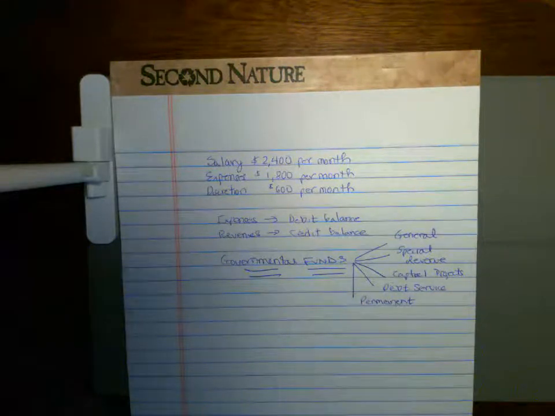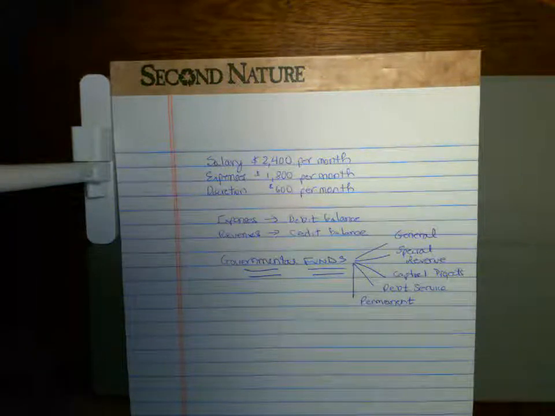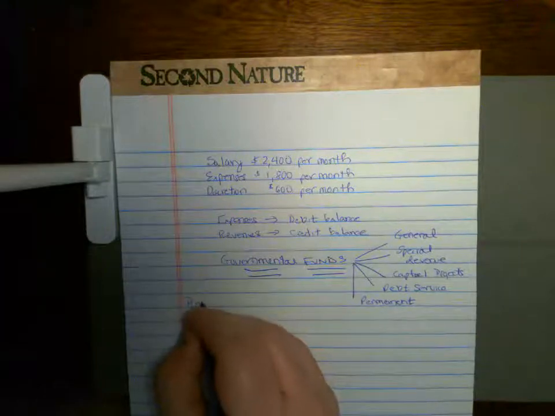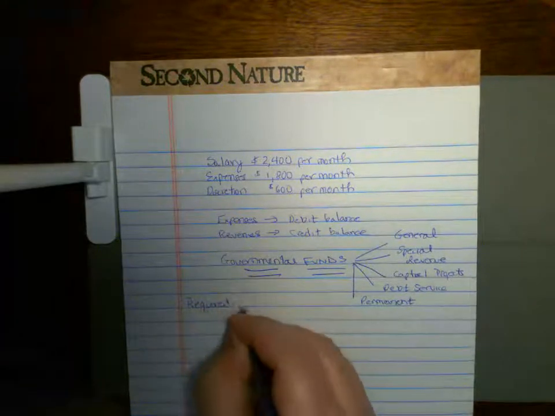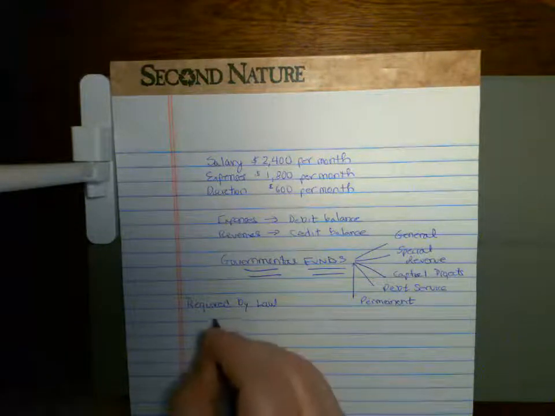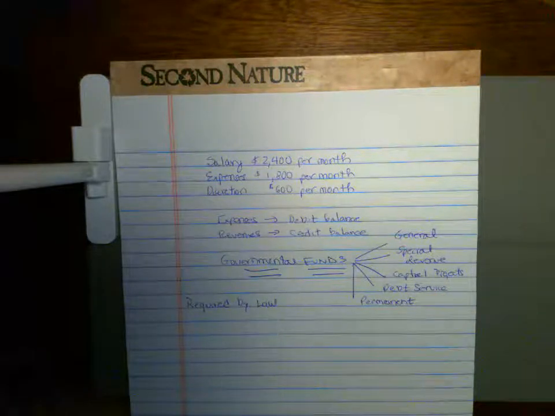So those five. This is where budgetary accounting really kicks in, and this is required. Budgetary accounting is required by law at the local government level. So when you're talking about cities and counties and state governments, they actually record their budget as part of the accounting system.